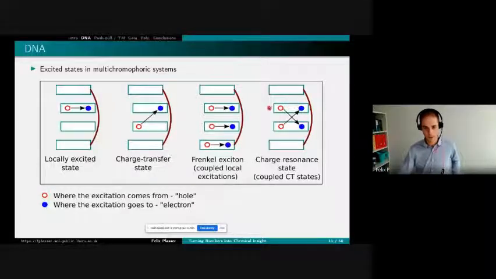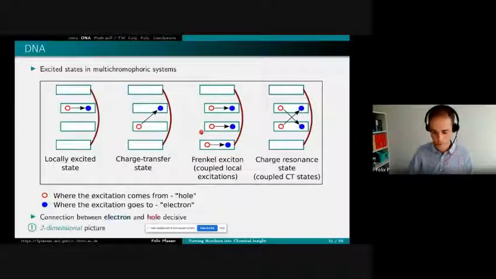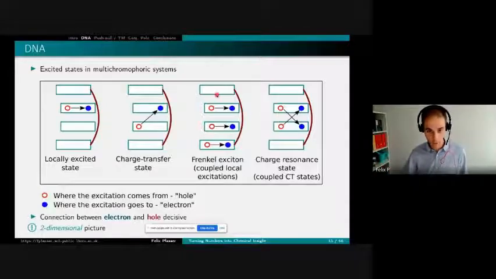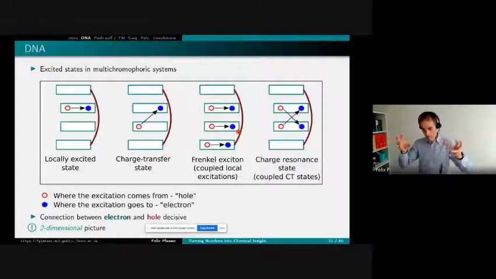So we talk about the hole, which is where the excitation comes from, or the occupied orbital, and the electron, which is where it goes to, or the virtual orbital. And the thing that I want to stress is that the connection between electron and hole is decisive. It doesn't just matter overall where the holes and the electrons are; you have to think about it as 2 particles moving around dynamically.